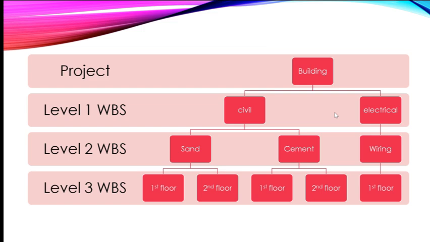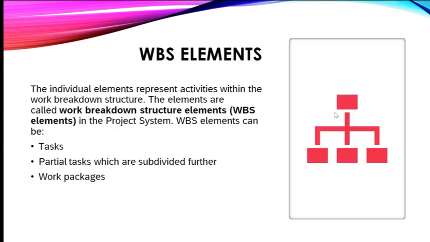Here I am having project and WBS, but still we can have network and activities assigned to the WBS to have the sequence of the tasks. Okay, see here what the WBS elements are. The individual elements represent activities within the work breakdown structure.